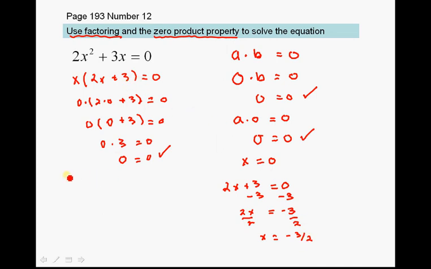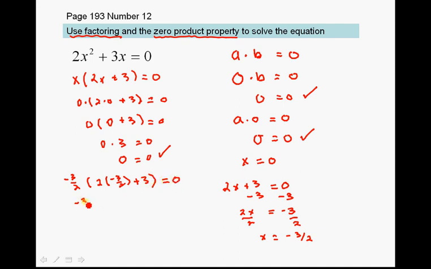Let's check it out. Wherever you see an x, put -3/2. So we'll say -3/2 times the quantity 2 times -3/2 plus 3 equals 0.